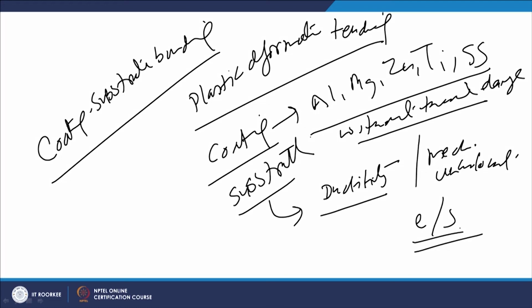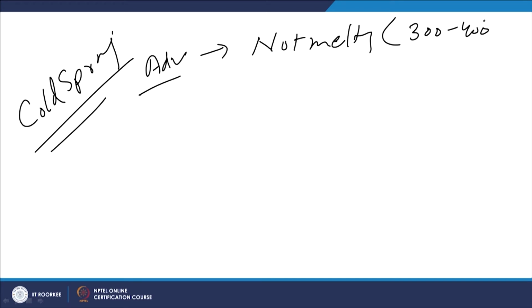So, as far as the cold spray process is concerned, there are very few advantages associated with this. One is that there is no melting due to the low temperature. Temperature is limited to 300 to 400 degree centigrade. No solidification in this process.